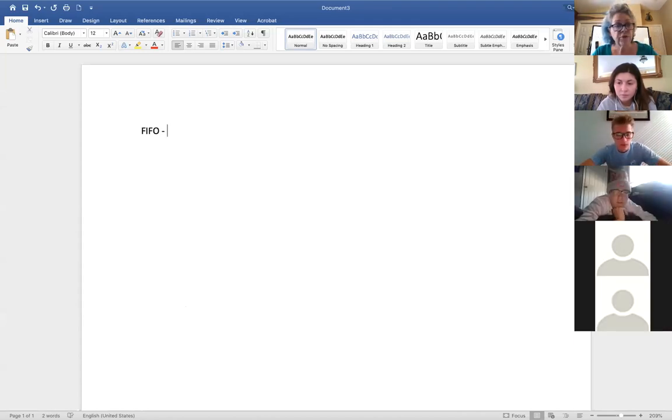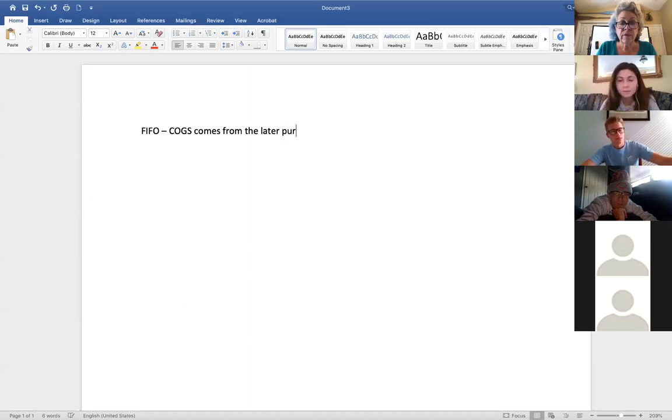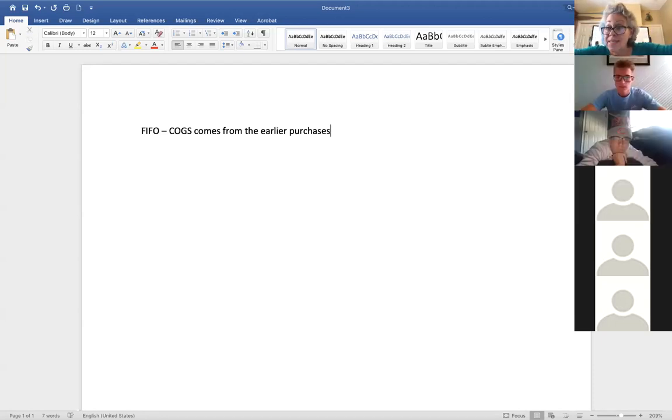First in, first out. Good, first in is first out, which means that cost of goods sold comes from the earlier purchases. Sorry, I misspoke, we've just been talking about LIFO. So cost of goods sold comes from my earlier purchases. The first ones in are the first ones out.